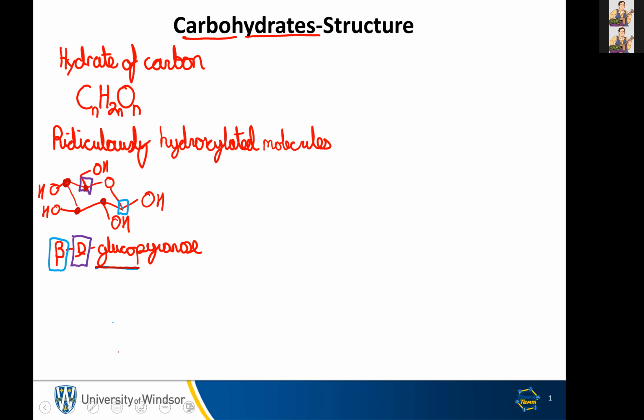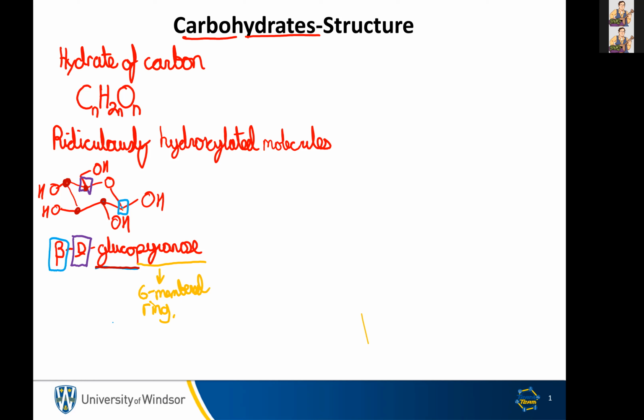The pyranose part refers to the fact that this is a 6-membered ring. So beta D glucopyranose tells me that I have a D sugar.